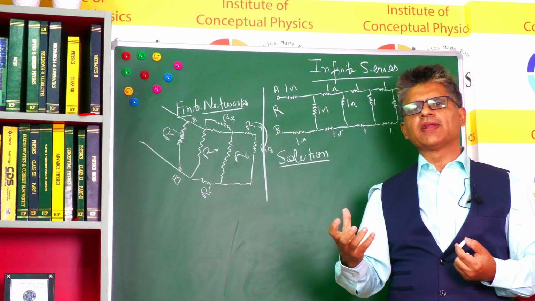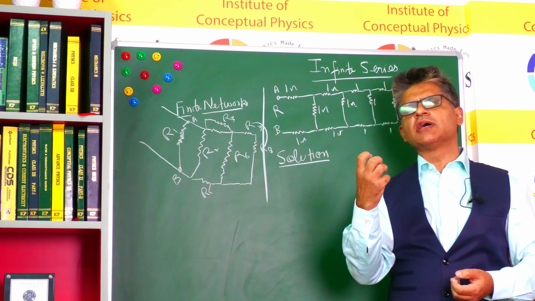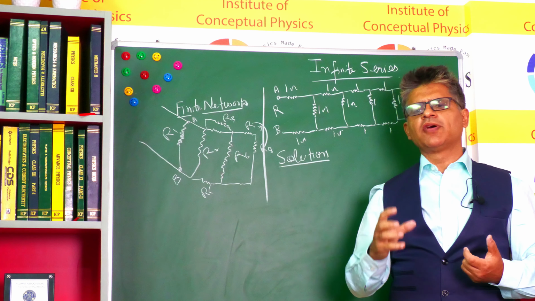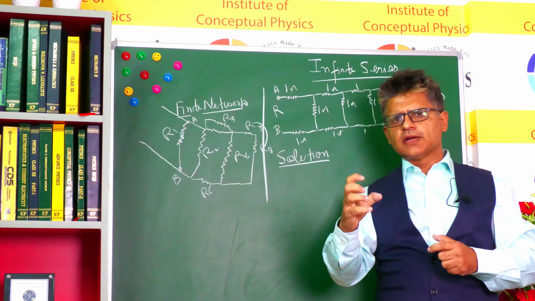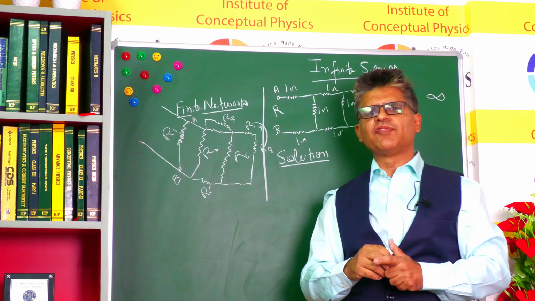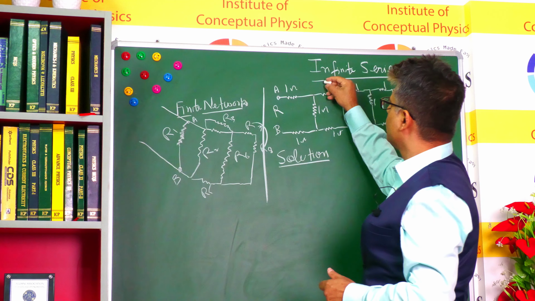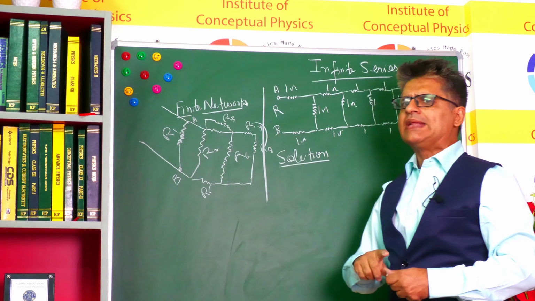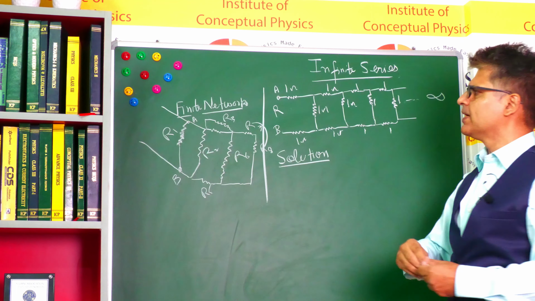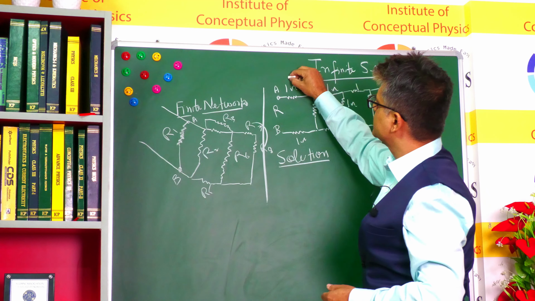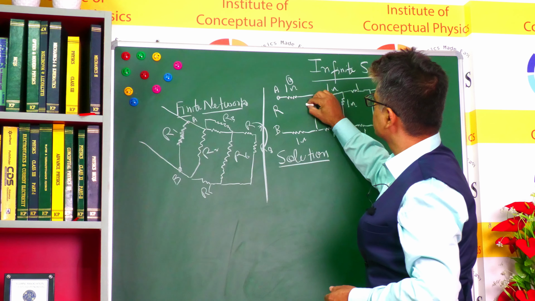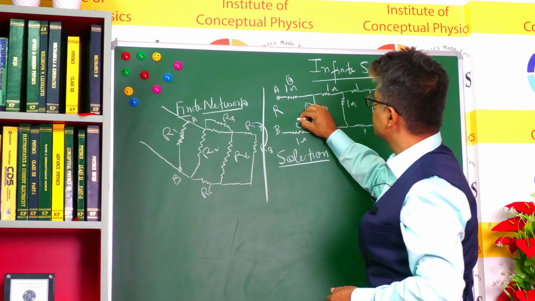It still remains infinite. So if you pick a chunk of some stuff out of some infinite thing, the stuff still remains infinite. Similarly, if you remove one repeating pattern, now what is the repeating pattern? You can see this is A, this is B, and this is C.